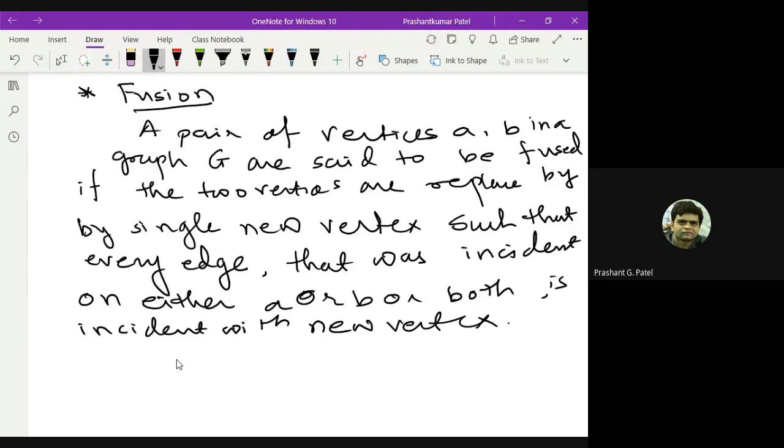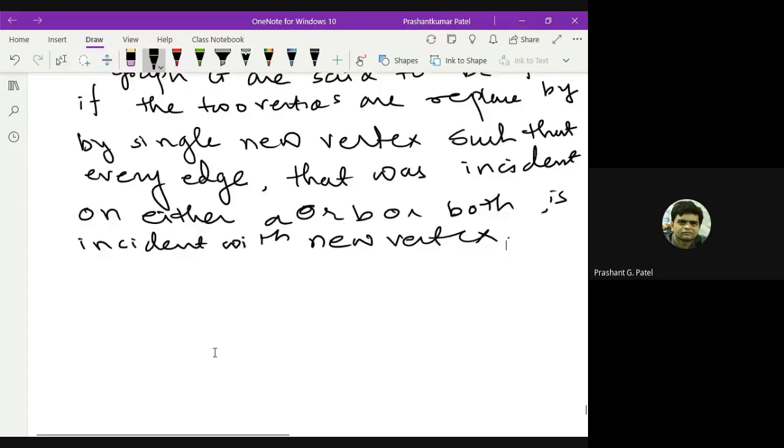See, a fusion of two vertices does not mean the number of edges will be changed. The number of edges will be the same, but the number of vertices will reduce by one.